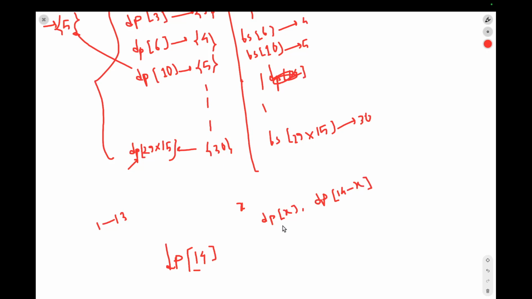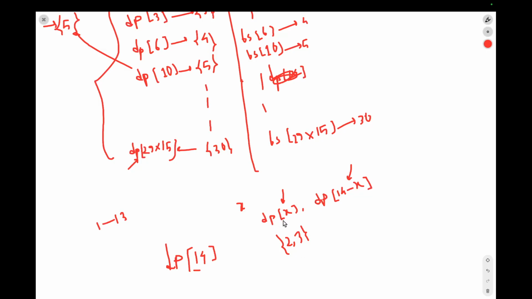Let's say dp of x has given an answer like 2 3, and dp of 14 minus x we have calculated before, because as we are iterating from 1 to n into n minus 1 by 2, we have calculated this and this, and we will never come to this element back again.